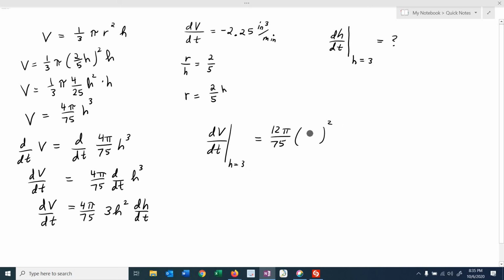Of course, we're evaluating this when h is equal to 3, so that's going to be 3. And then dh/dt is being evaluated at h is equal to 3, as well as dV/dt. Right? Everything is being evaluated when h is equal to 3 here. Now, dV/dt is a constant. It's always negative 2.25 cubic inches per minute. So when h is equal to 3, it's still negative 2.25 cubic inches per minute because it's constant. So we know what this number is.